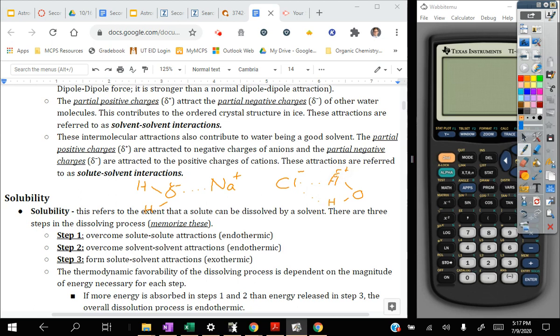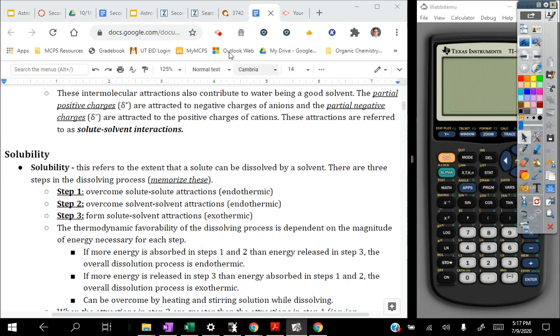So again, we're applying that idea that opposites attract. And so when water interacts with something it's trying to dissolve, that's referred to as a solute-solvent interaction, as I stated before.